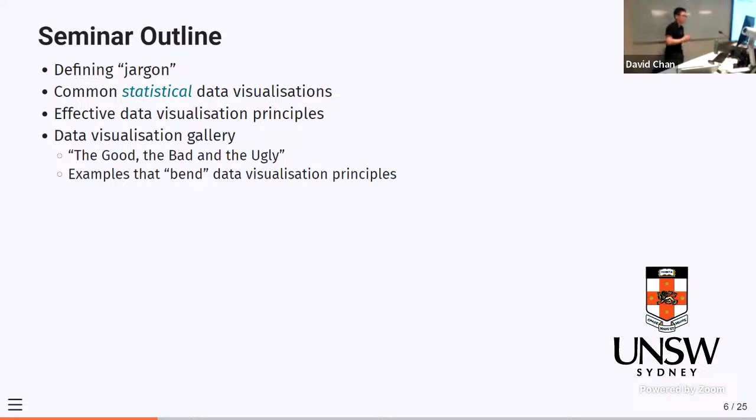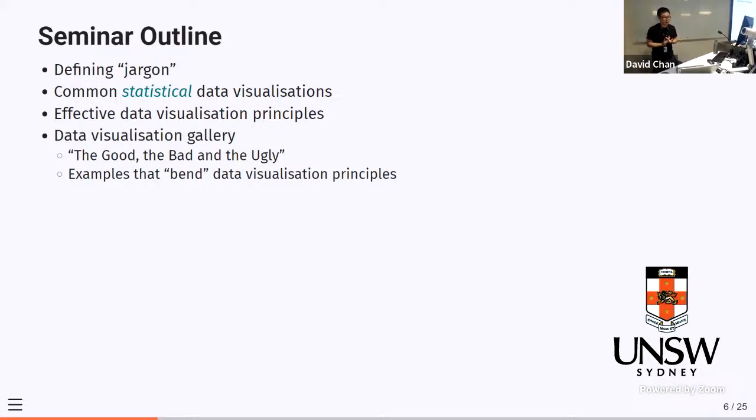And we'll go through some effective data visualization principles that are not inherently linked from a statistics perspective, but are good to consider, especially when you're making plots for journals or talks. And then we'll have a look at a variety of different plots. So, good, bad, ugly plots, as well as some of the data visualization principles that I will describe in this seminar.